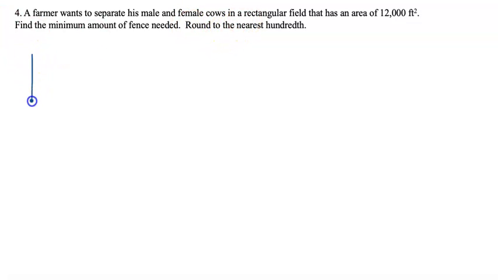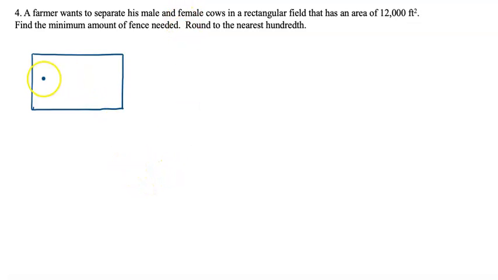Let's start there. So we've got this rectangular field. This rectangular field has an area of 12,000 feet squared. We want to separate the male and female cows.